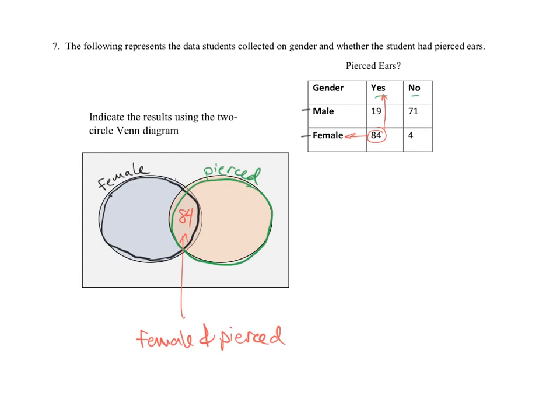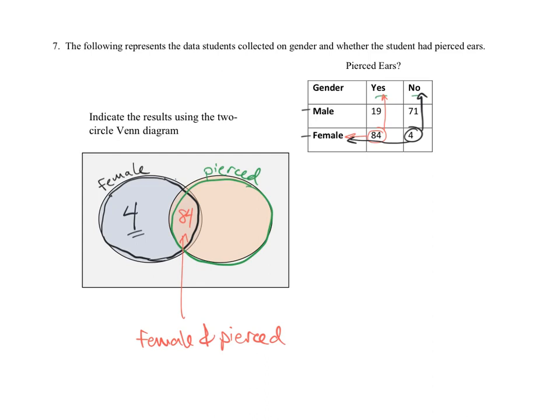We have 4 females without their ears pierced. Again, I can just follow those back to the little categories there and there. So 4 females, they would be in this bubble, but not in the overlap because these 4 females do not have their ears pierced. These 4 females are not also in this green bubble.